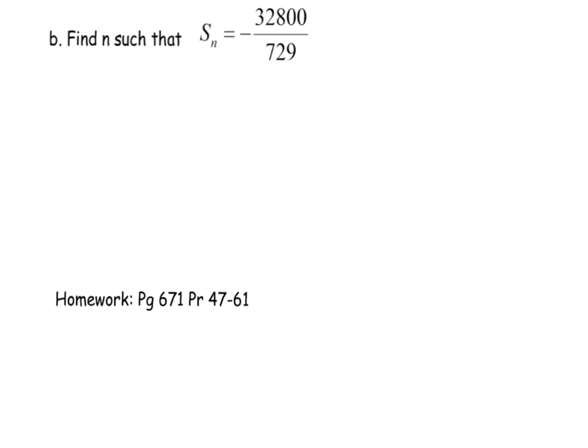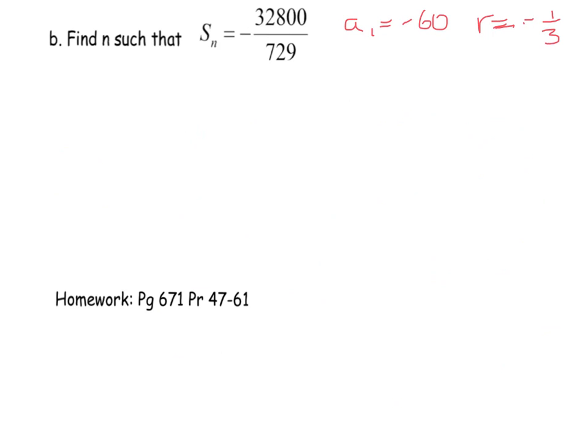So in this part of the problem, we need to find n if the sum of the previous sequence was negative 32,800 divided by 729. So the first thing I'm going to start out with is a1 was negative 60 and r was negative 1/3.